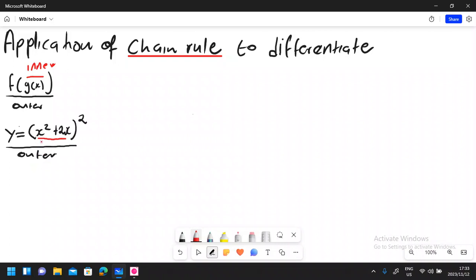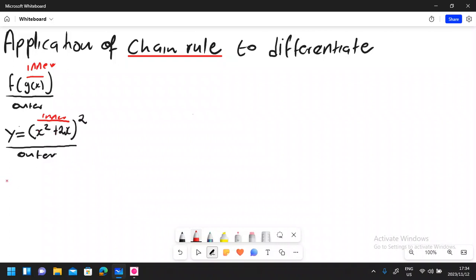Let me just write inner here. I hope you can see, guys. So what is inside here is the inner function. As you can see, we have two functions: the outer, which is everything, and the inner, which is inside here.